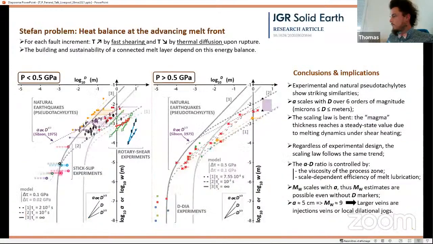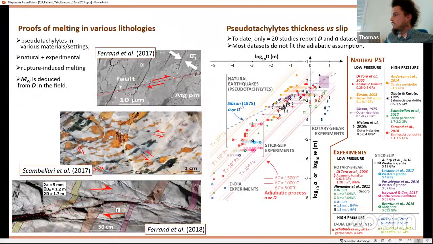As you can see, most data sets follow the adiabatic trend, but some, and especially the key and pioneering study from Simpson in 1975, did not follow the adiabatic trend. And this does not mean that the study was wrong.